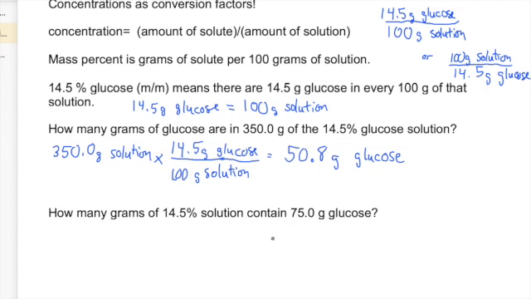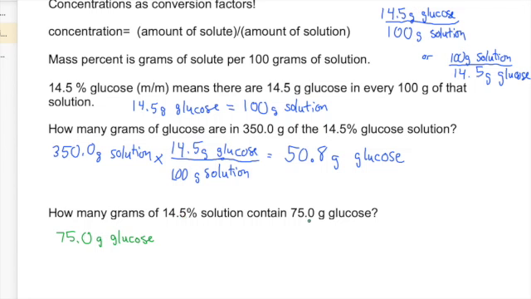So let's try making a prediction for this next one before we calculate it. This time we know the grams of glucose and we want to know the grams of solution. So we're doing a conversion from solute to solution. If we want to have 75 grams of glucose, then let's make a little prediction here. We're going to need more than 75 grams of solution because the solution has a lot of water. Only 14.5% of the solution is glucose.